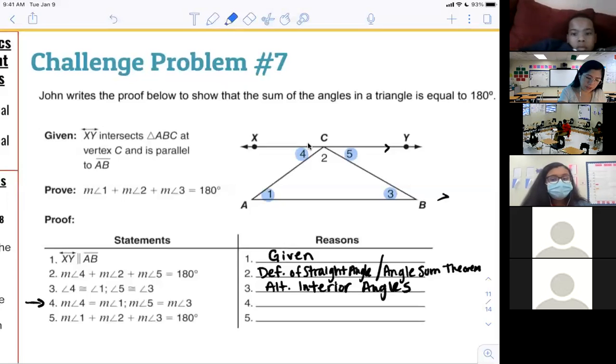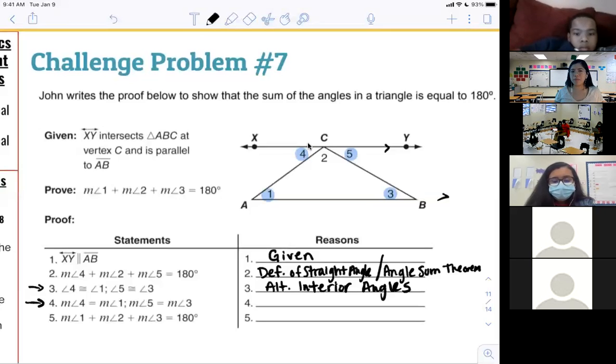In step 3, I say angle 4 is congruent to angle 1 and angle 5 is congruent to angle 3. When I read step 4, however, I'm saying the measure of angle 4 equals the measure of angle 1 and the measure of angle 5 equals the measure of angle 3. So on the one hand, I'm saying they're congruent, but on the other hand, I'm saying they're equal.